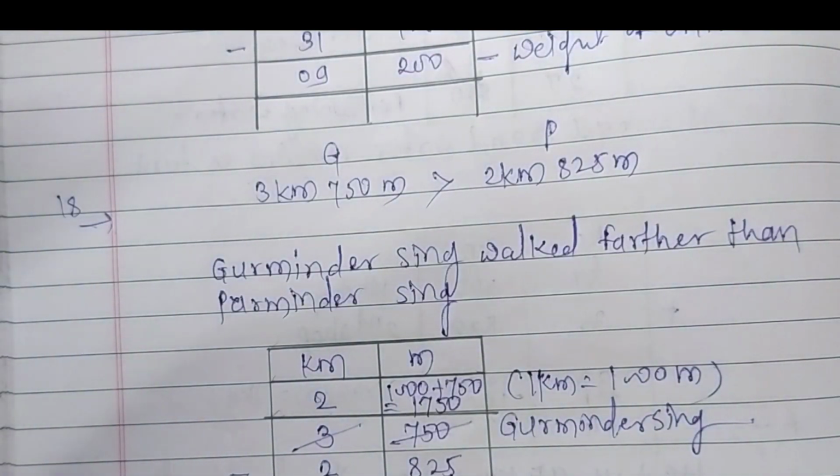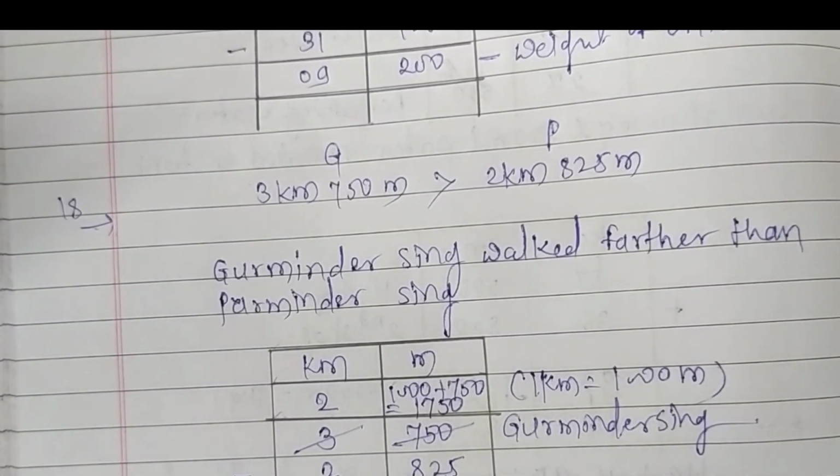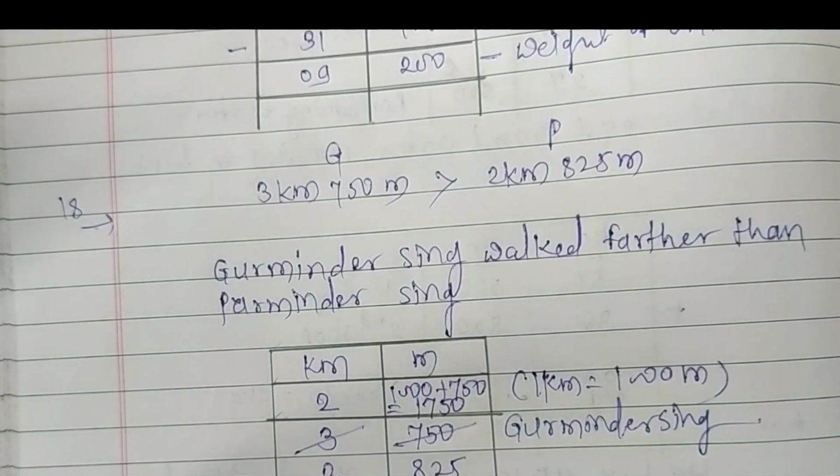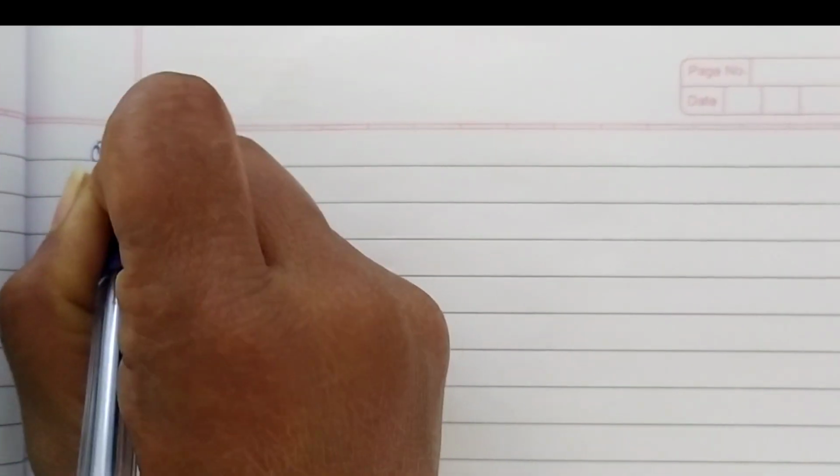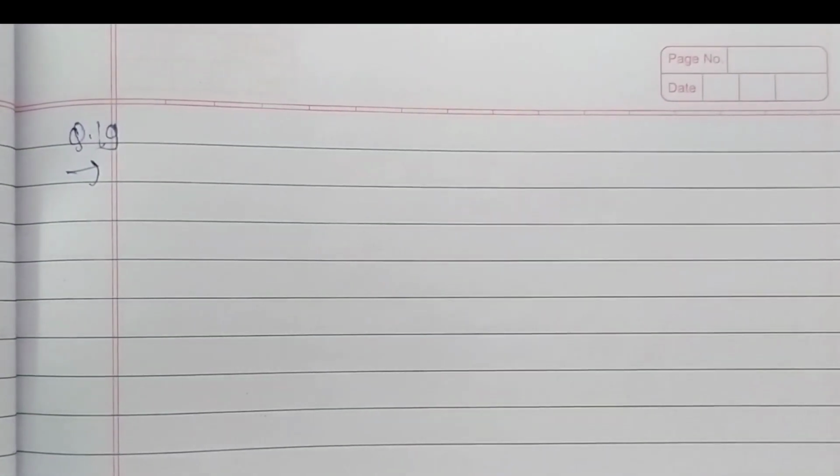Let's add it. Let's add the weight of peas, tomatoes and cauliflower.